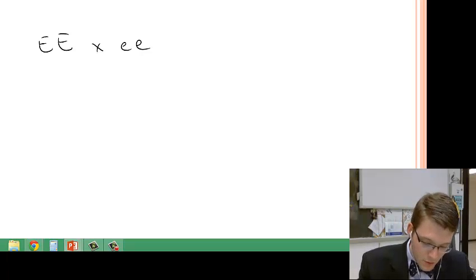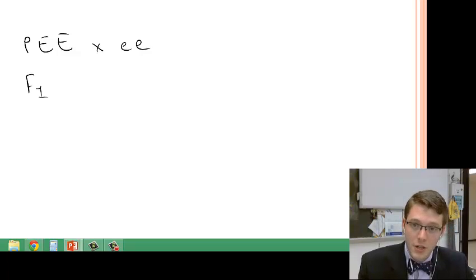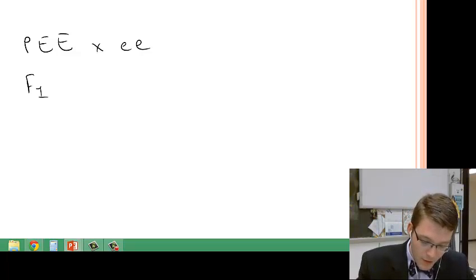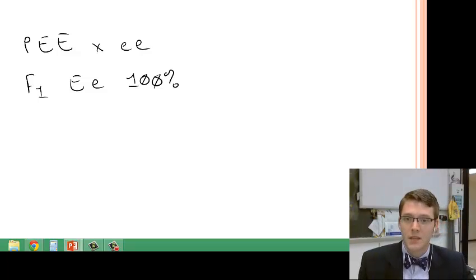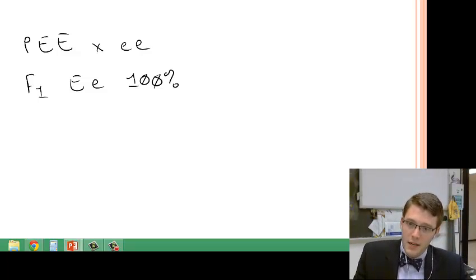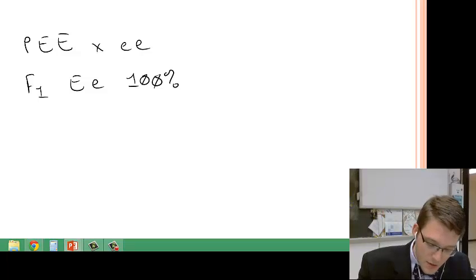So this, of course, is for the parental generation. And after those two individuals are crossed together, you end up with your F1 generation, where you'll have 100% of the offspring being heterozygous. What the problem then implies that you should do is cross these F1 generations with one another.